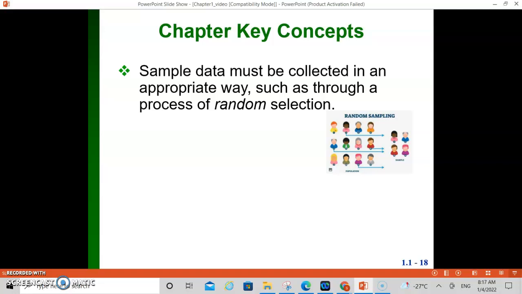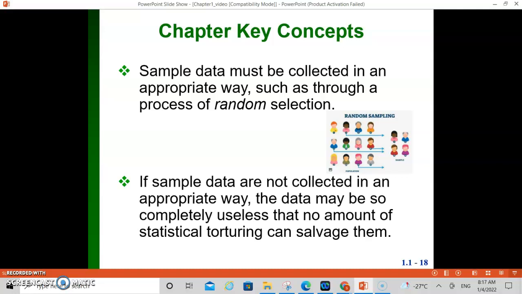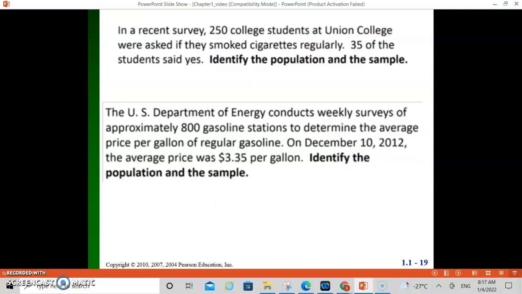For random selection, I have to choose some from the front, some from the middle, and some from the last table. That is called random selection. Right? If you are not collecting your data in the proper way, it is finally useless for studying or giving proper information.